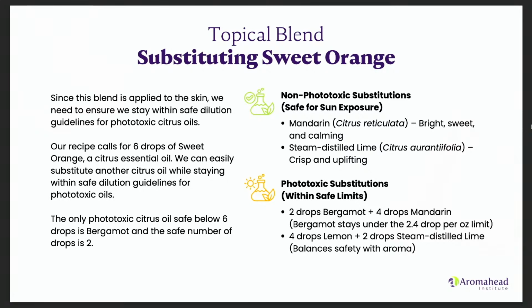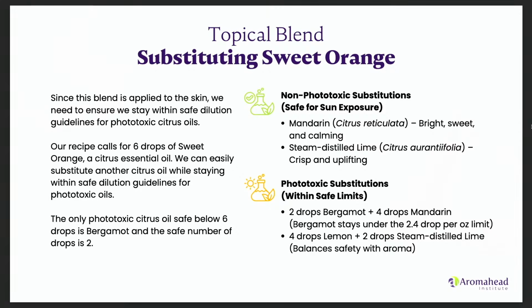So we can use mandarin, which is very much like our sweet orange in terms of the energetic qualities. It's bright, it's sweet, but it's also kind of calming, just like sweet orange is. Now our steam distilled, if I want to create a more energetic blend, a more energizing blend, I could easily put our steam distilled lime in here. Now maybe I do want that bergamot. I want those 2 drops of bergamot.